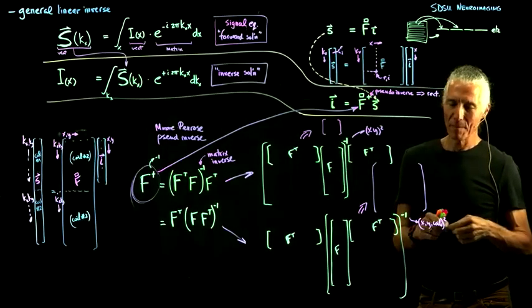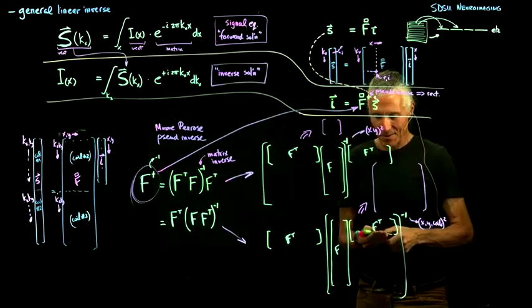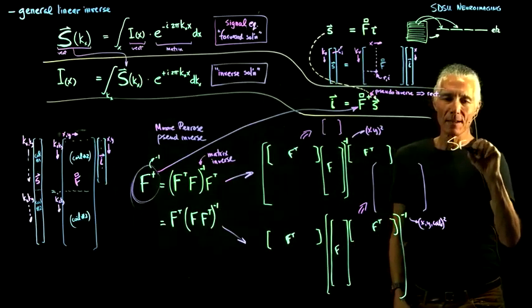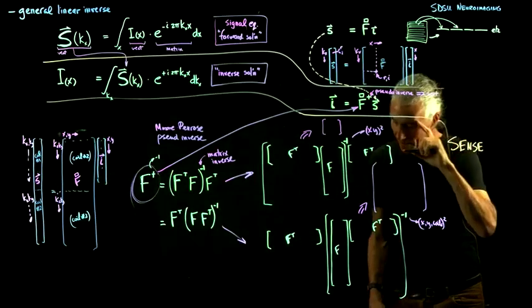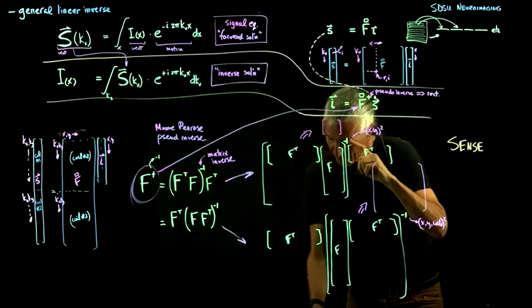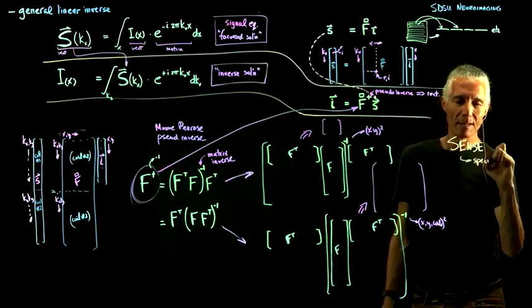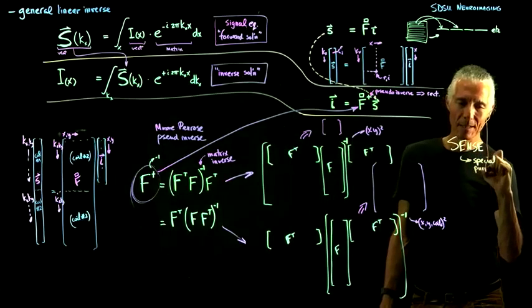And have people done this? Not really. So what have they done? There's a version called SENSE on the scanner, which is not this general, but is a special purpose linear inverse.